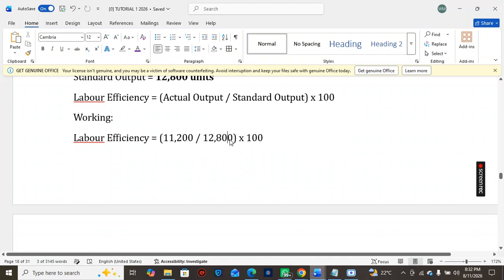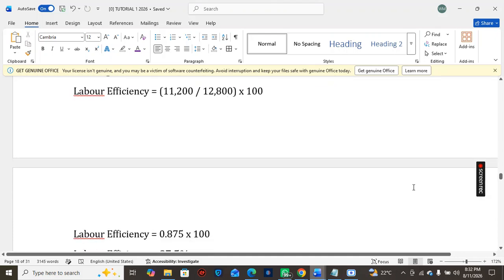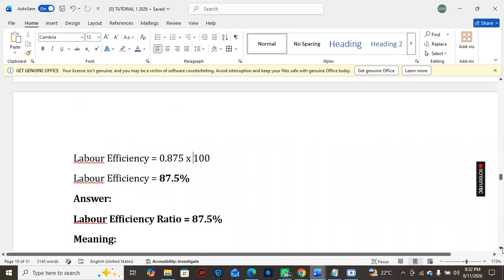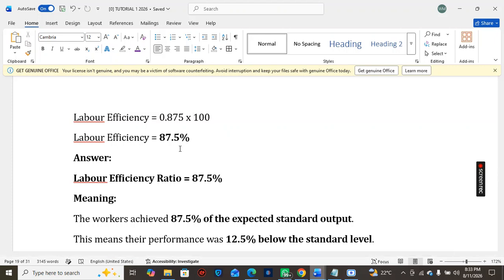Colleagues, let's also utilize our calculators to make sure that I did not make any errors. 11,200 divided by 12,800 is 0.875. Are we all getting 0.875? Yes.